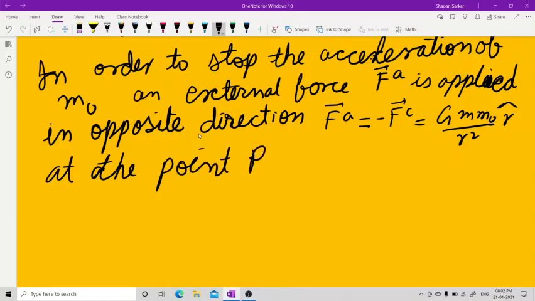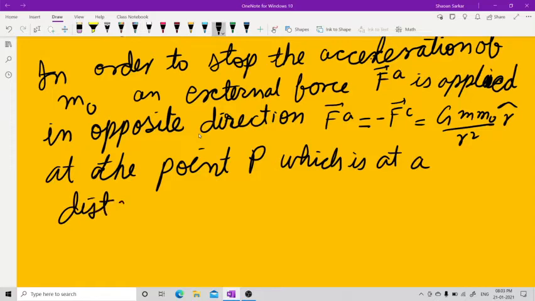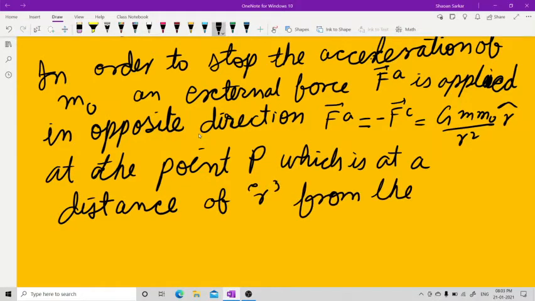This point P is at a distance r from the origin, where the mass m naught is placed.